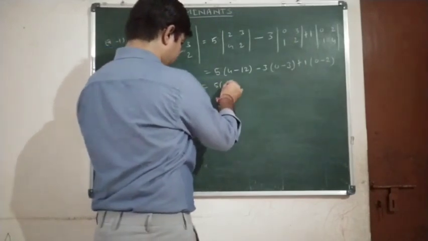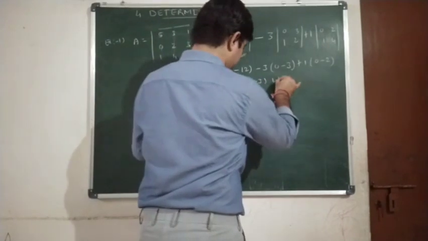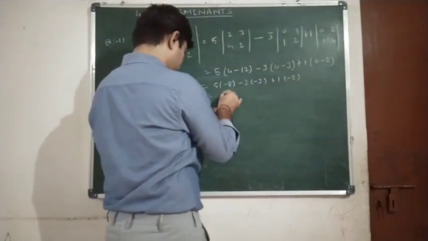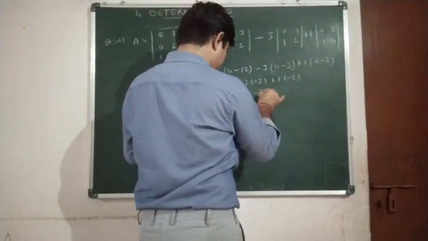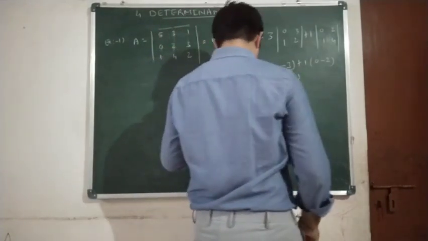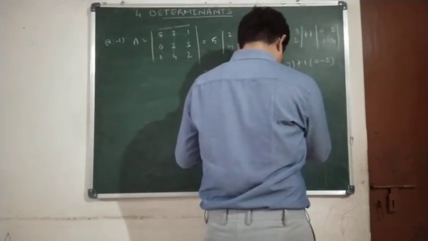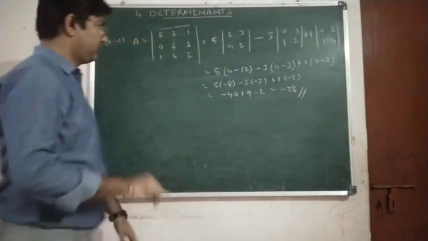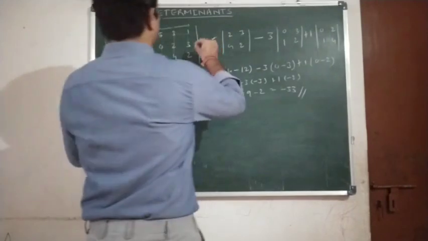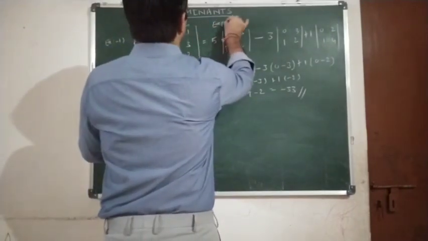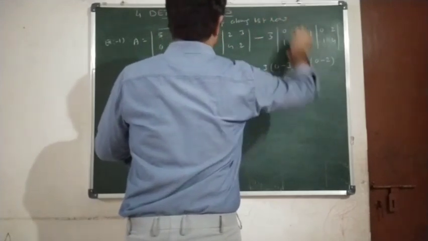Further simplifying, minus 8 minus 3 minus 2, 8 5s are 40 plus 9 minus 2, so 42, 33, so minus 33 is the determinant. We have expanded this along the first row.